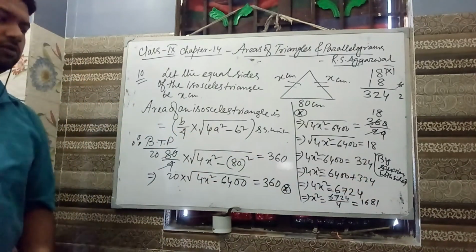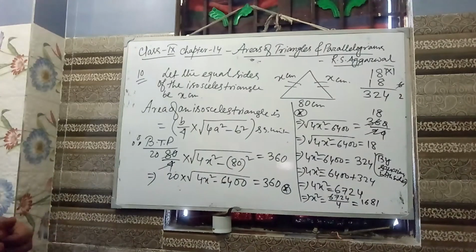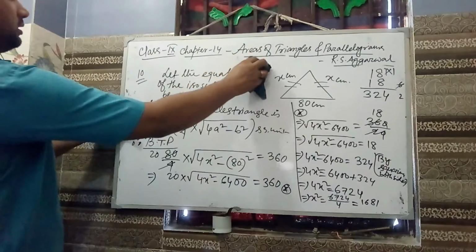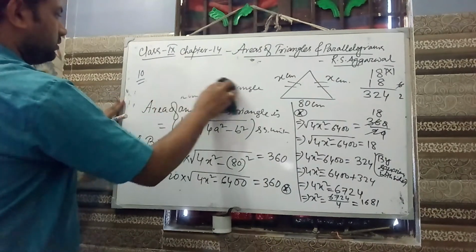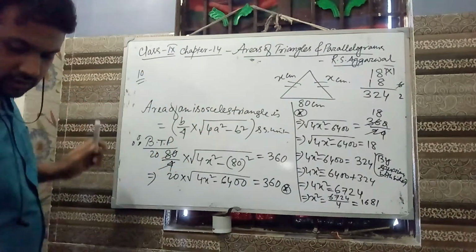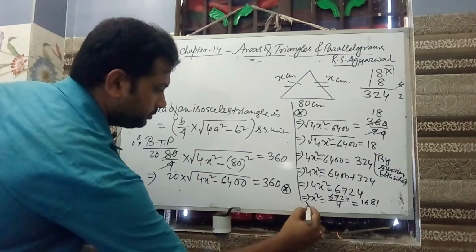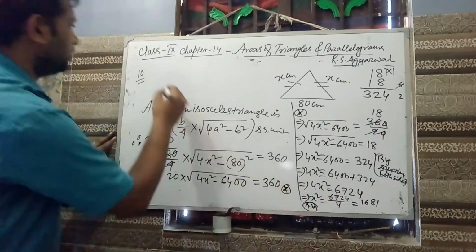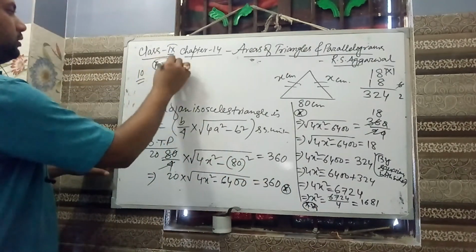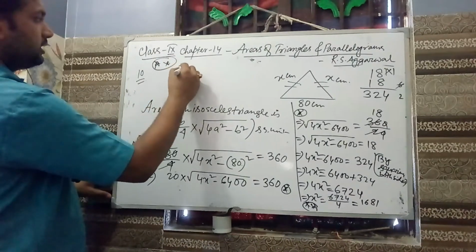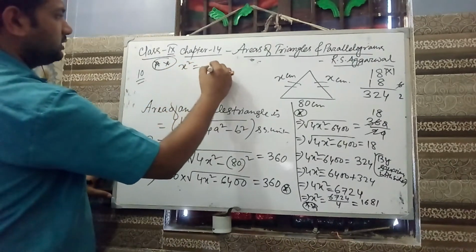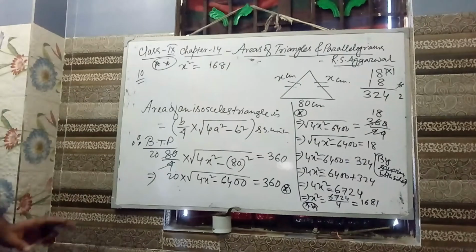So what will be the value of x? Therefore, after this step, I am writing here, x square is 1681. So what will be the value of x?